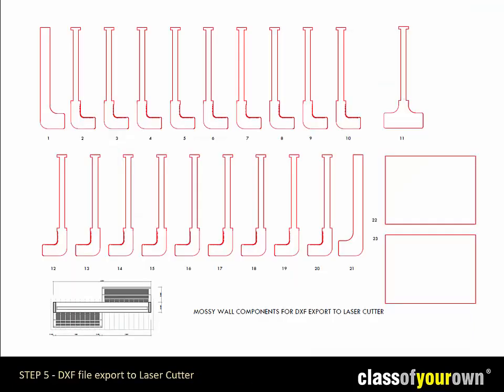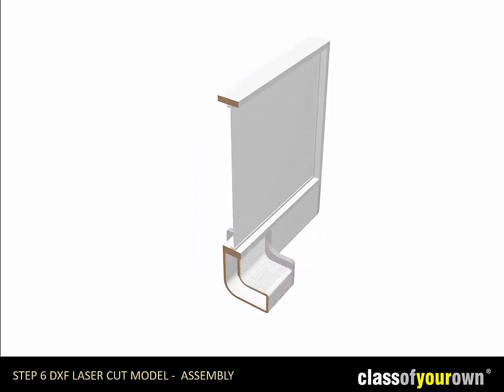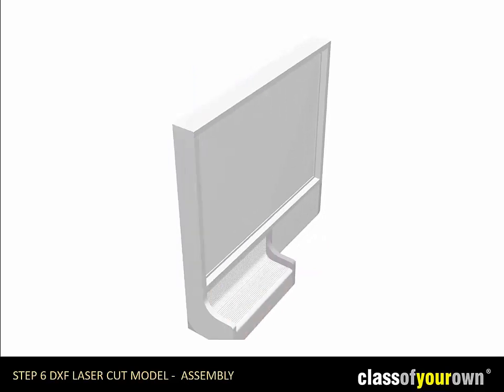And you'll see that the way a laser cutter works, it uses a red line for cutting out, and it uses a black line for engraving. So we've got our components, they're all cut out, and then we will simply assemble them together to create our 3D model.